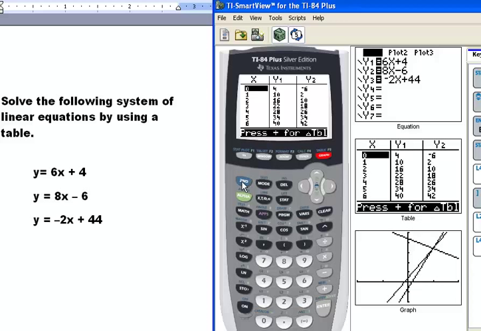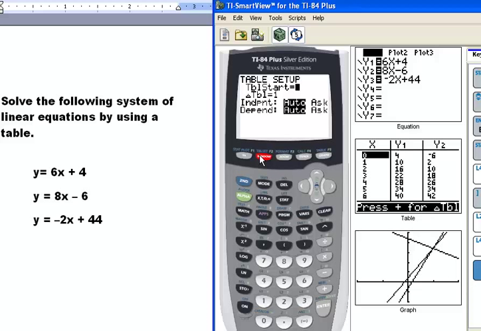If this is not how you want your table to be set, notice there is a table set button that is the same as your window button. If we hit second and table set, this allows us to start our table at any value we would like. I am going to change this to start at negative 5.